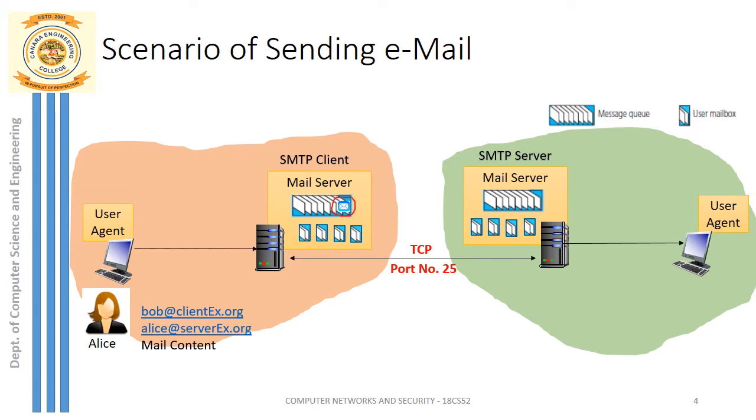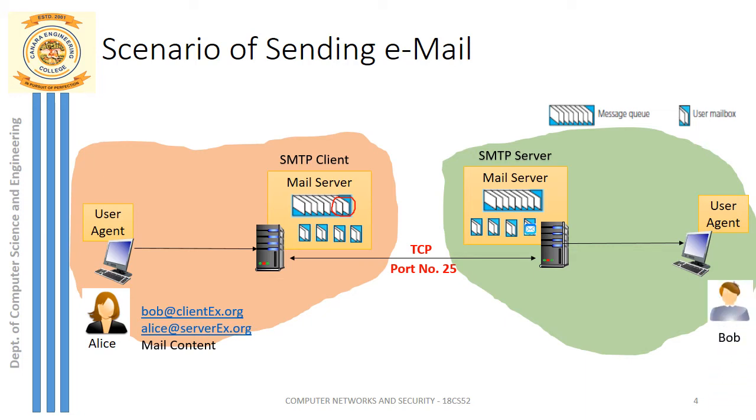Now the SMTP client will send the message to the receiver's mail server over the TCP connection, and the receiver's mail server will put the mail into the receiver's mailbox.